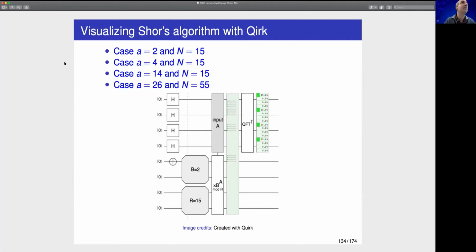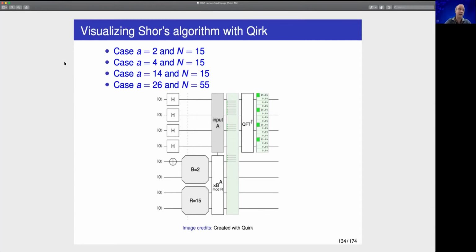this question by Bogdan Vulpescu, which is, in results, what is total counts and successful counts? I'm not sure how this is implemented at the low level in Qiskit, but I think that total counts is the total number of executions of the circuit, and successful counts should be the number of times that a period was correctly identified.